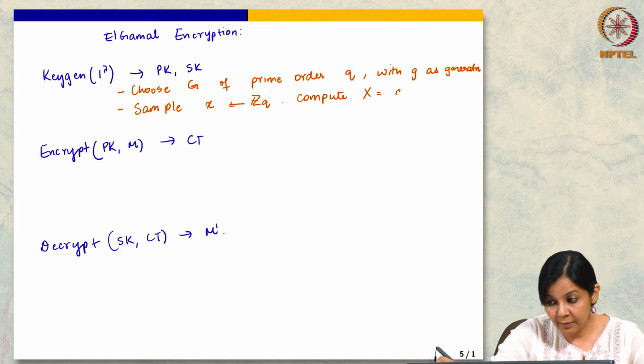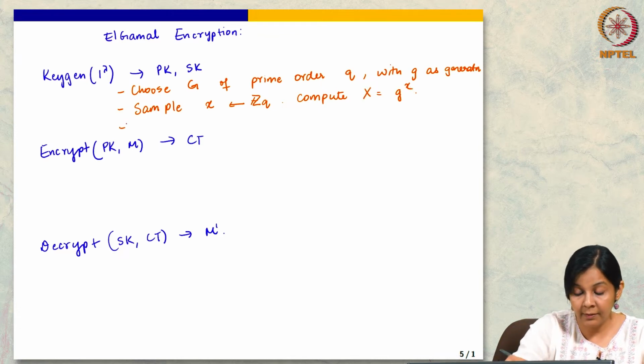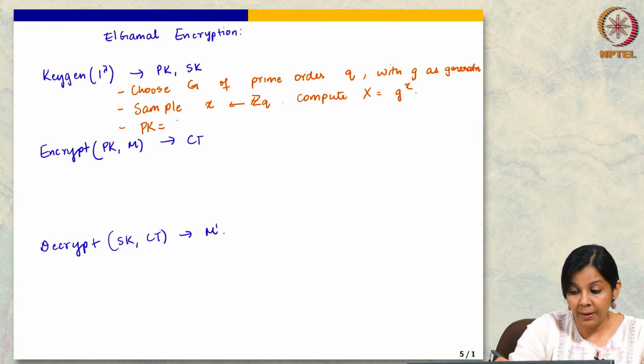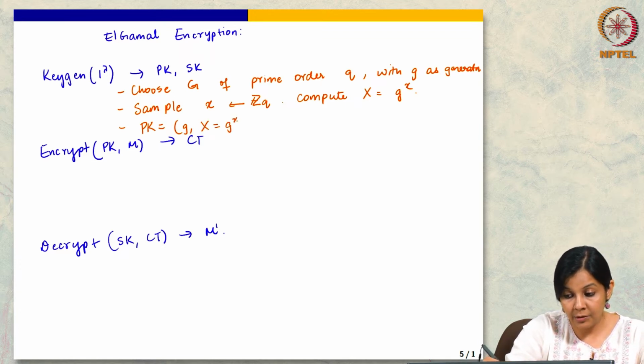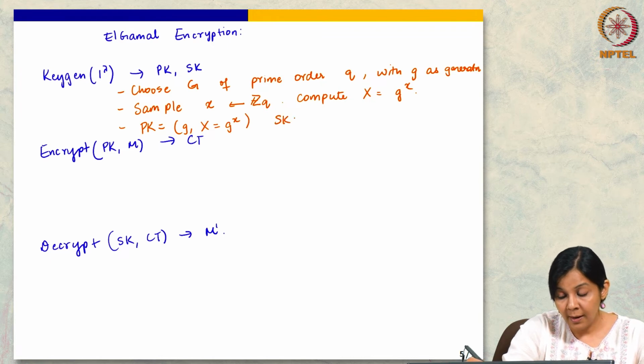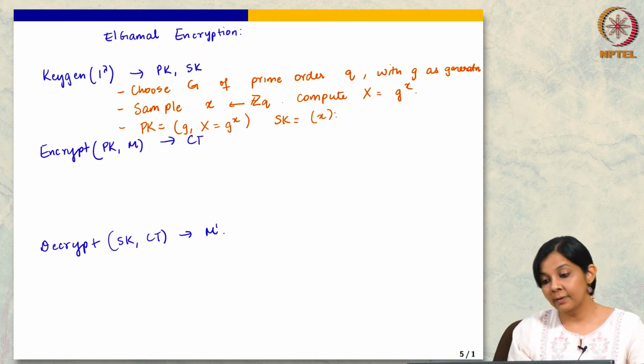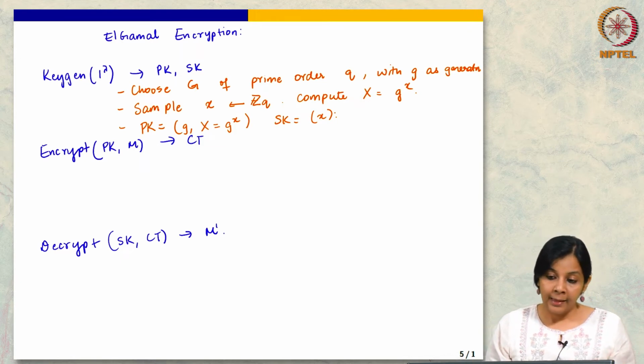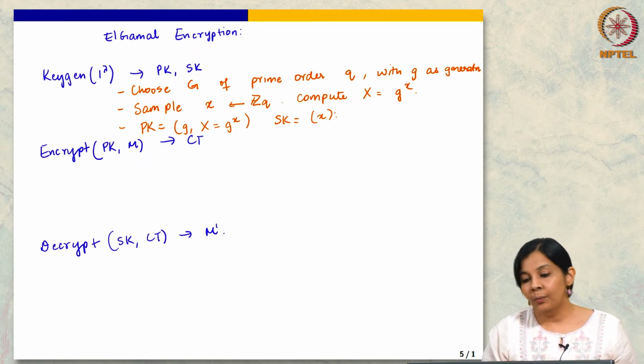Compute X is g to the x, and now what should be my public key? So g and X, which is g to the small x, and the secret key is small x. So it's what you would expect, right?